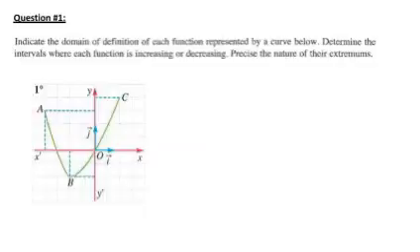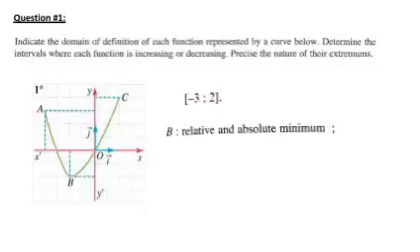So if you look at this figure, the domain of definition is from, you can just count the boxes, from -3 till 2. Now we can see that at the point B, we have a relative and absolute minimum, or local and absolute minimum, because it's the smallest value reached, so it's the absolute minimum.